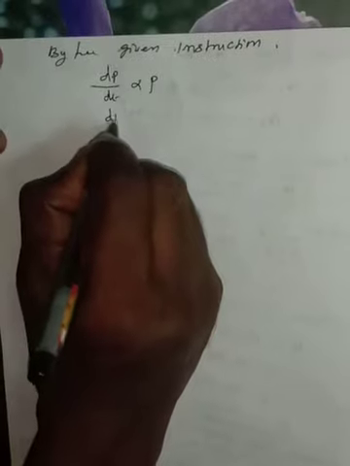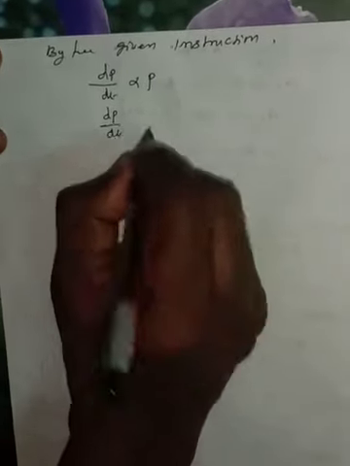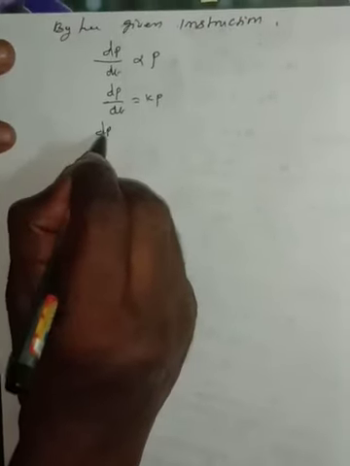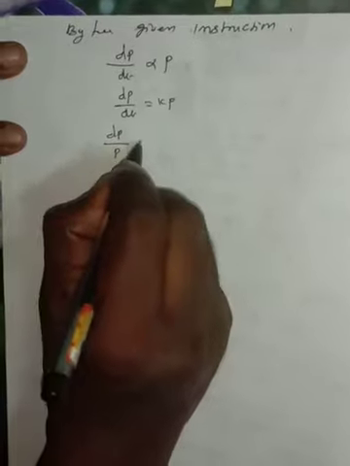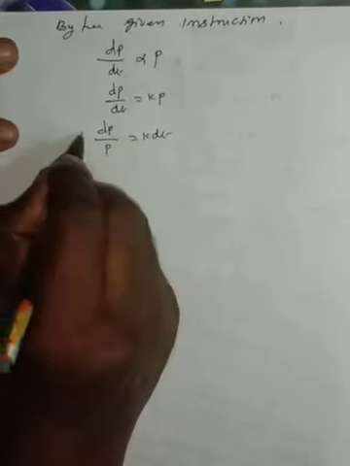By the given instruction, dP by dt is proportional to the population. This means dP by dt is equal to kP, where k is a constant. Now dP divided by P is equal to k into dt.